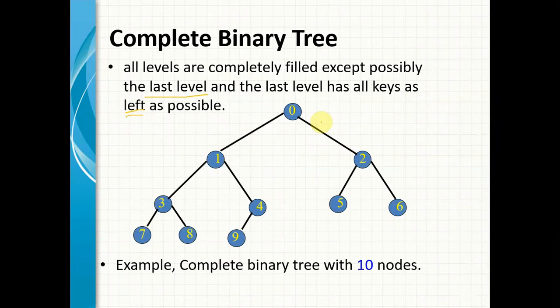Just look at this example. The numbering is the same as that of the full binary tree. This one has 10 nodes, and all of them will be numbered from 0, 1, 2, 3, 4, and so forth, until 9.